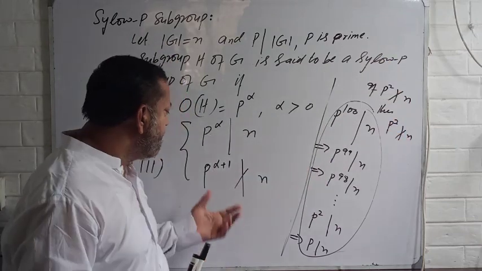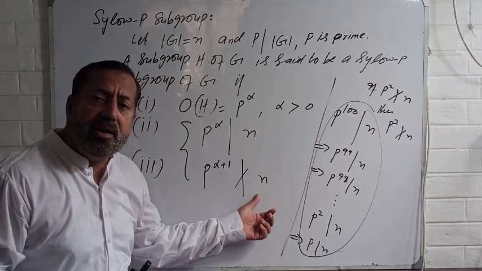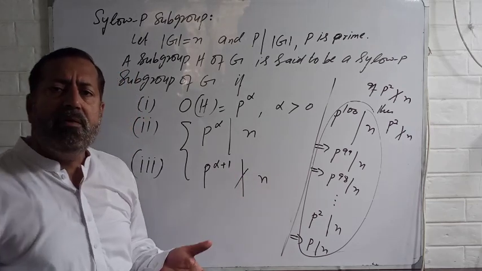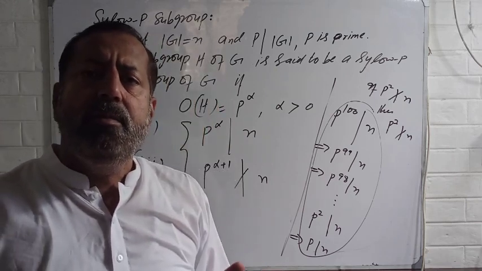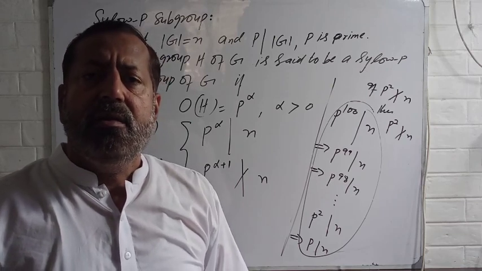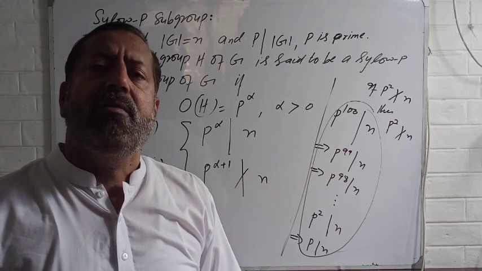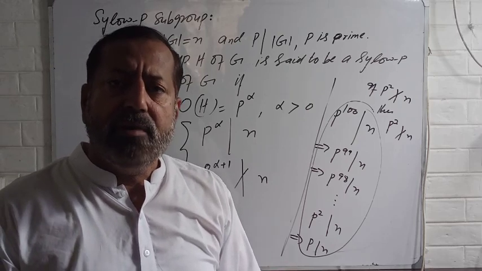So it is sufficient to say that P power alpha plus 1 does not divide n, this means that no higher power of P will divide n. Means that P power alpha is the highest power of the prime number P such that P power alpha divides n, and no higher power of P will divide n.